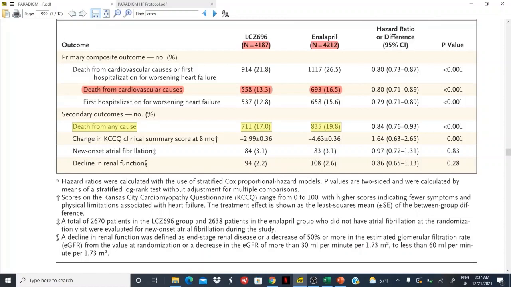Even though you lost 20 patients to follow up, it's pretty clear that those 20 patients would not have been enough to overturn the results, where it's pretty clear sacubitril valsartan had a big advantage.